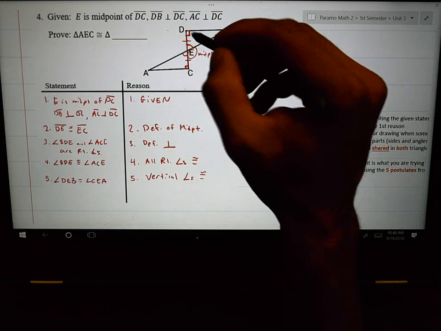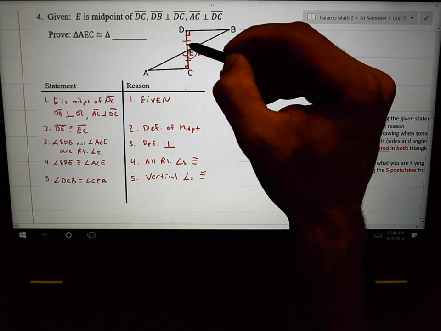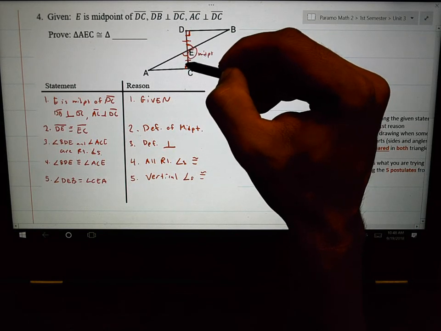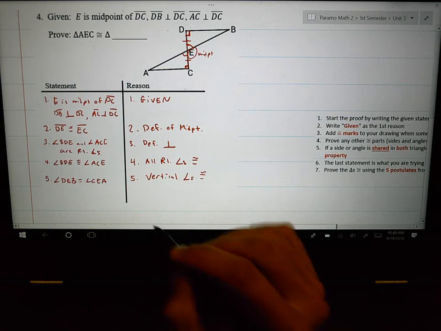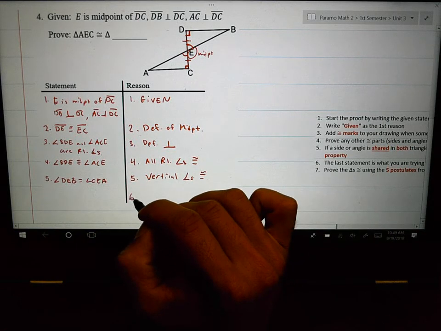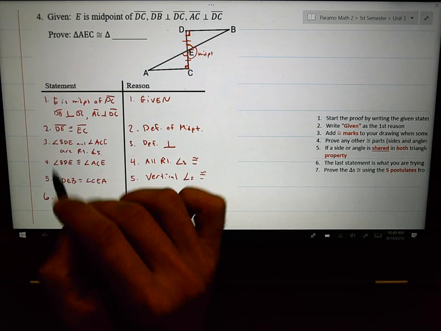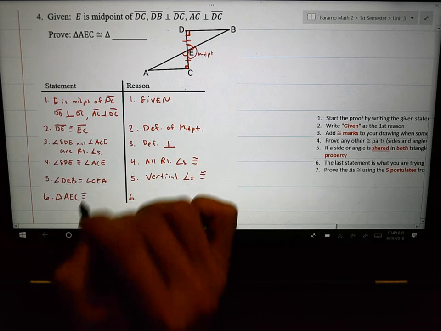You have an angle touching a side, touching an angle that matches with another angle touching a side, touching an angle in another triangle. Since they both match and they're in both triangles, I can now prove that the two triangles are congruent to each other, which is what we're trying to prove. We're trying to prove that triangle AEC is congruent to another triangle.